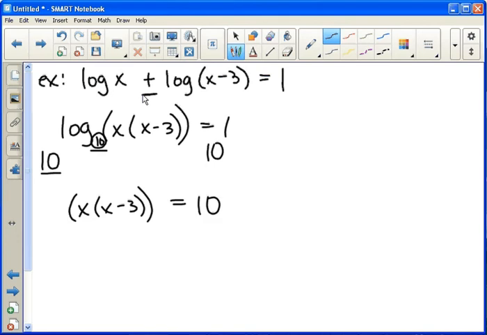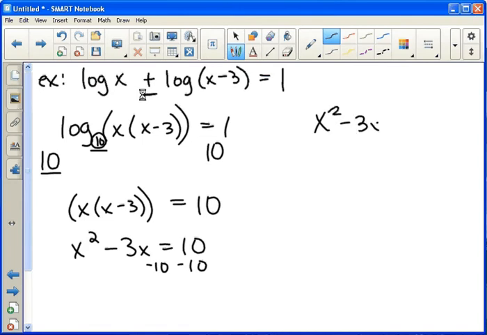Alright, let's go ahead and distribute this over here. X times x is x squared. X times negative 3 is negative 3x. And I've told you before, anytime you see an x squared and an x, you're going to need to factor. So what you actually need to do is subtract the 10 from both sides. I'm going to start out over here and get x squared minus 3x minus 10 is equal to 0.